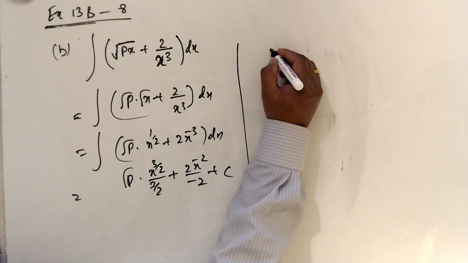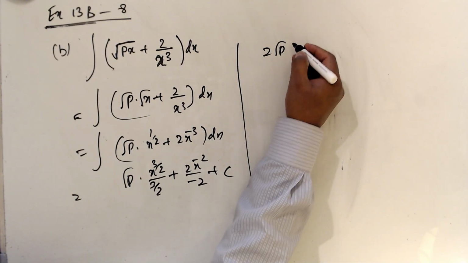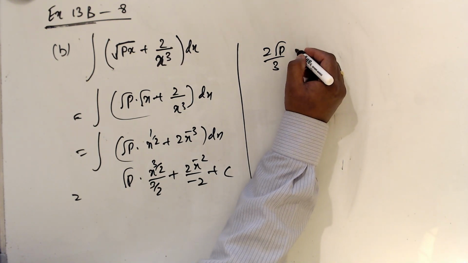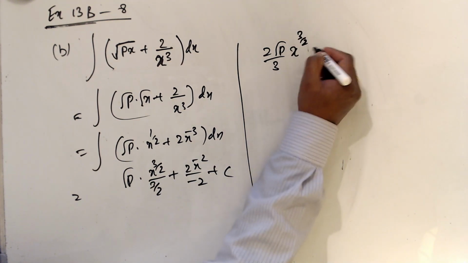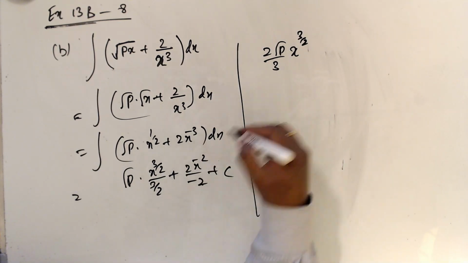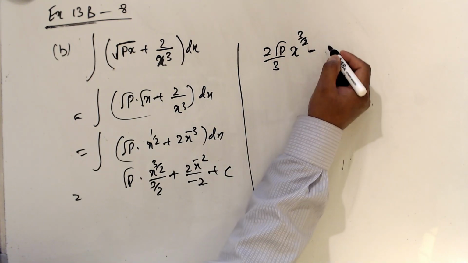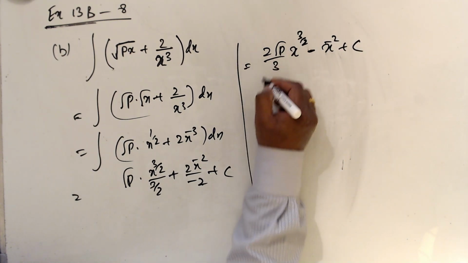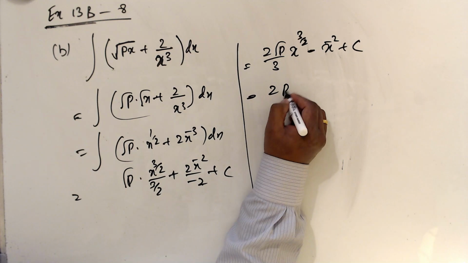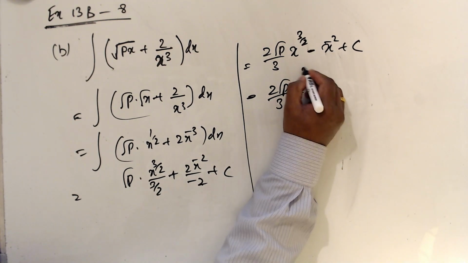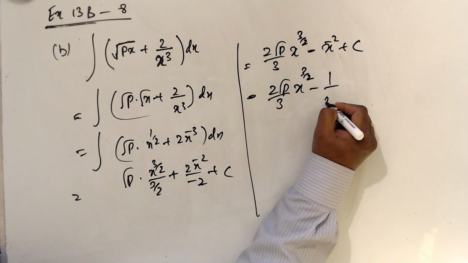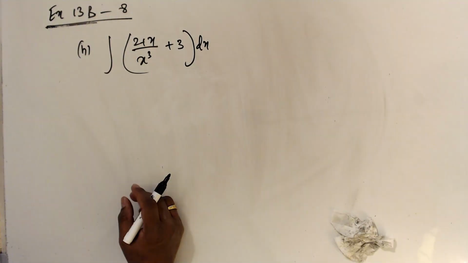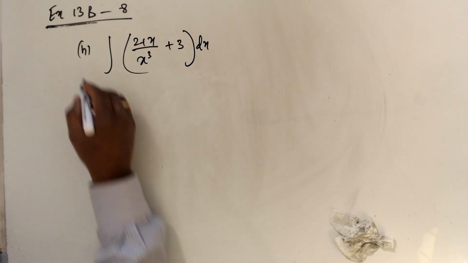Now this is 2 square root p over 3 x^(3/2) plus divide by minus 2 divided by 2. So this is 8b.